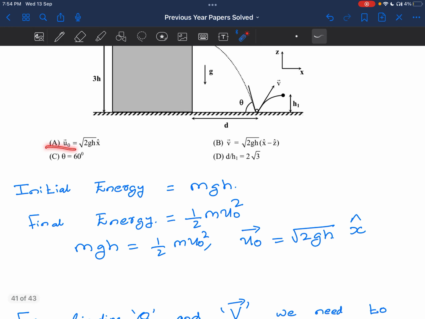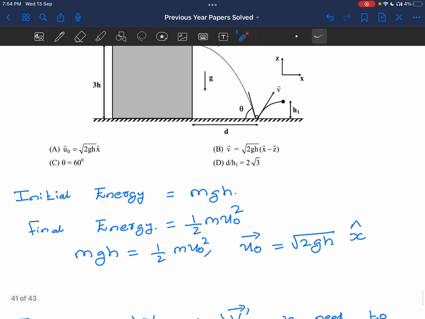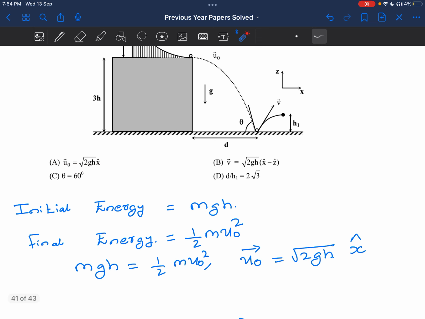Option A is correct. Now we need to find v and theta. For that, we need to find the velocity with which the ball is hitting the ground. The actual ground, not this ground, the actual ground. So that's a simple question of free fall. Initially, the vertical velocity is zero. The velocity is truly horizontal here.